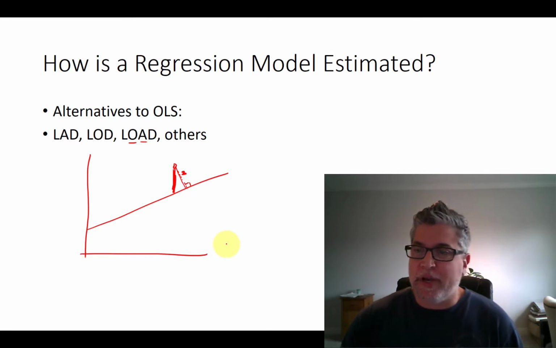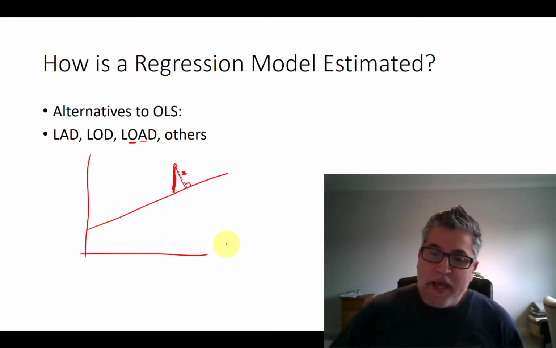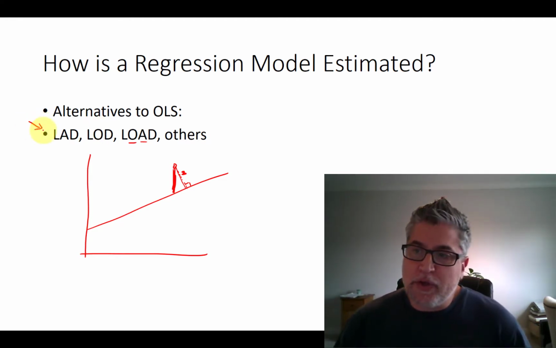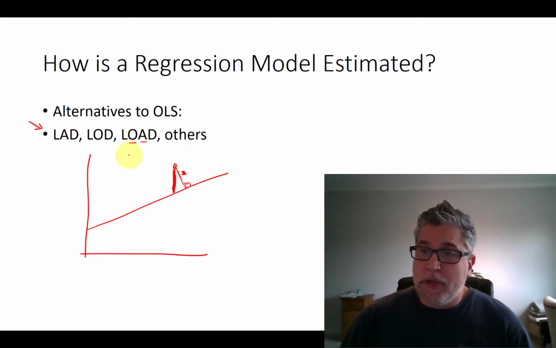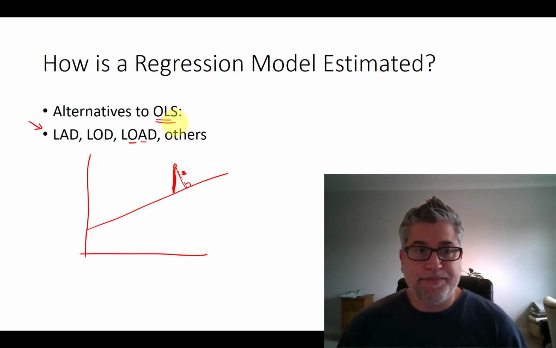I just throw that out there because you're probably wondering why you don't do X, Y, and Z. These guys are very specialized. They're used in very specific circumstances, and you really have to justify your use of them. You almost never have to justify your use of the standard model, which is ordinary least squares. So that's what we're going to do.